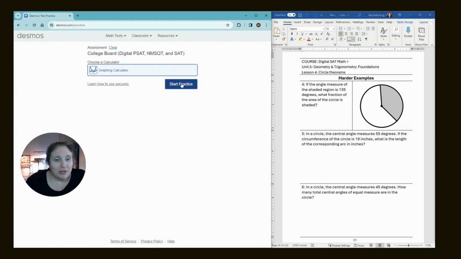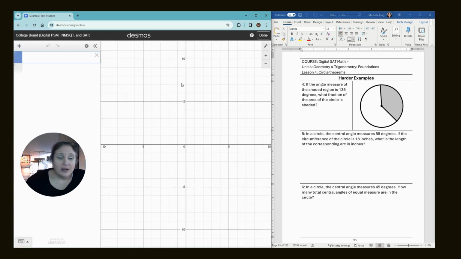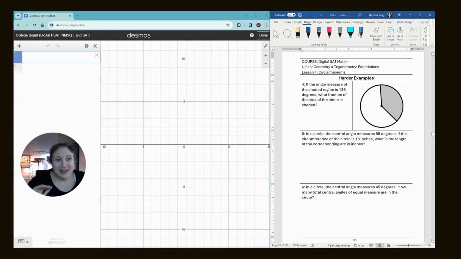If the angle measure of the shaded region is 135 degrees, what fraction of the area of the circle is shaded? Now, they're trying to confuse you because they're mentioning area of the circle, but really it's just a very simple part over whole. Remember in 3rd grade, you learned part over whole.